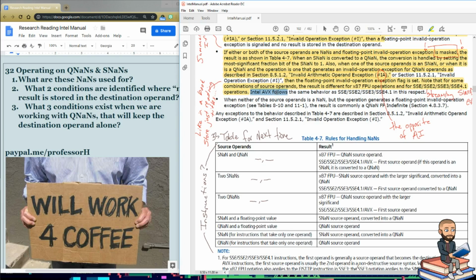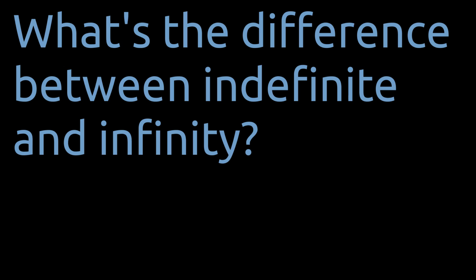Now Intel AVX follows the same behavior as these instructions, and I don't know much about Intel AVX, so you'll have to do some research on that. The last tiny rule here is that when neither of the source operands is a NaN, but the operation generates a floating point invalid operation exception, and these tables are much further down into the manual, when that happens, the result is commonly a QNaN, the floating point indefinite.